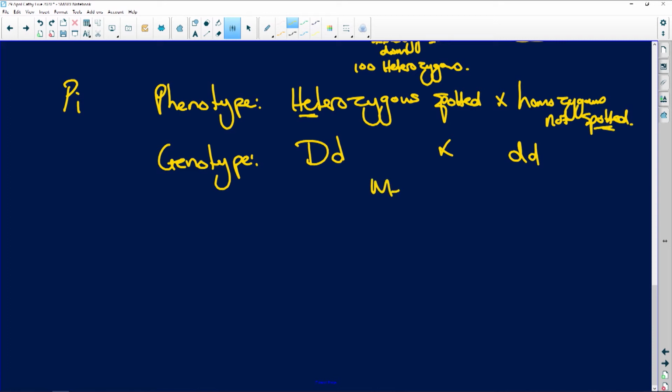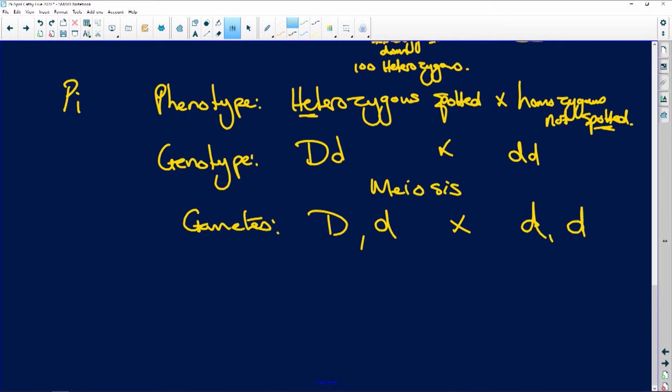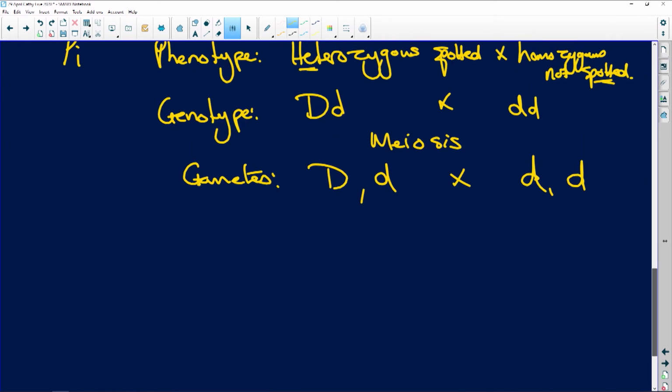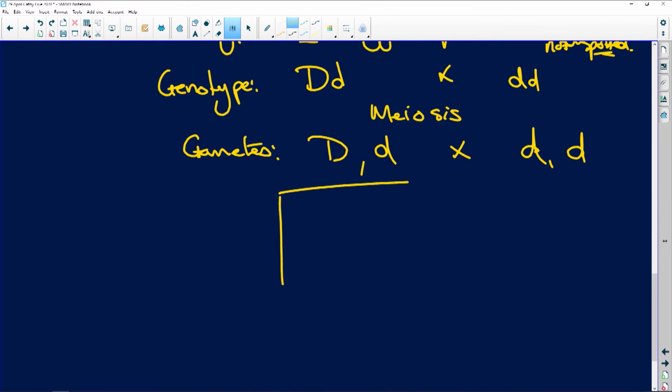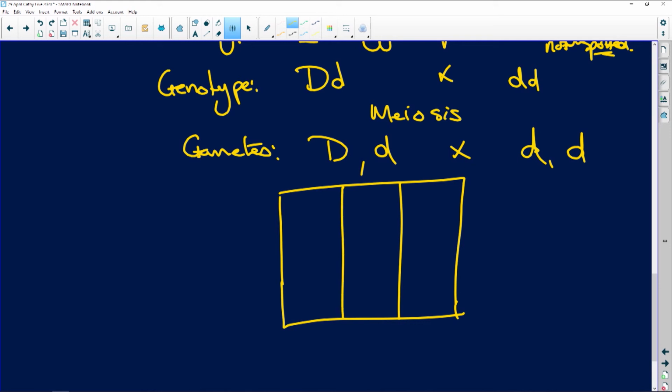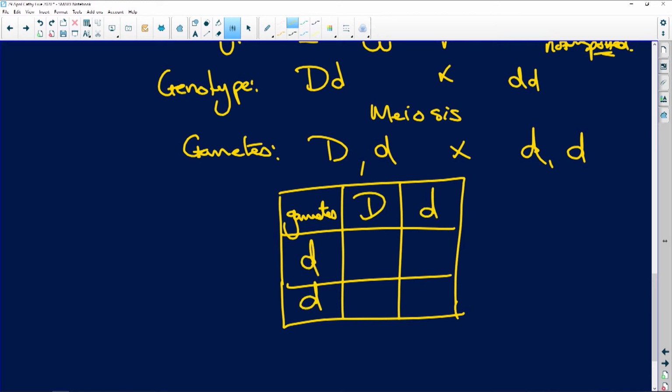So we have meiosis and we have gametes. What are our gametes going to be? D, d times d, d. And our Punnett square and gametes: capital D, small d, and we've done this cross 3 times today, people.